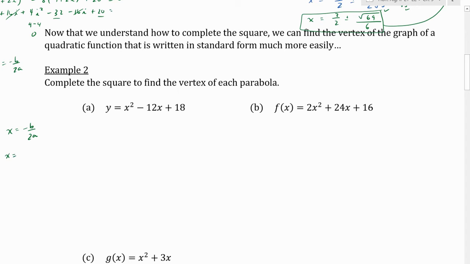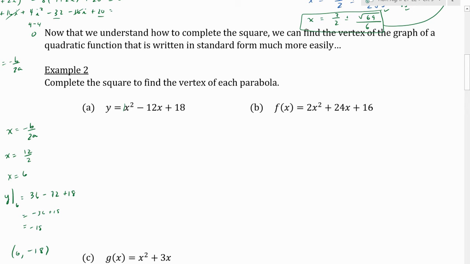So we go x is the opposite of b over twice a. So you know the x value of the vertex is 6. And then you would see what y value we get when we plug in x being 6. So 6 squared, 12 times 6. This will be a negative 36 plus an 18. What's that? Negative 18. So the vertex would be that.